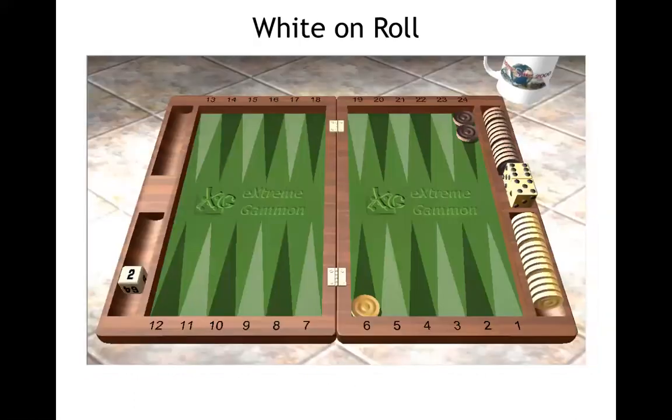So here's a simple endgame reference position. White's on roll here. Now, this is a good reference position, and we'll see why after. The question is the cube action here.